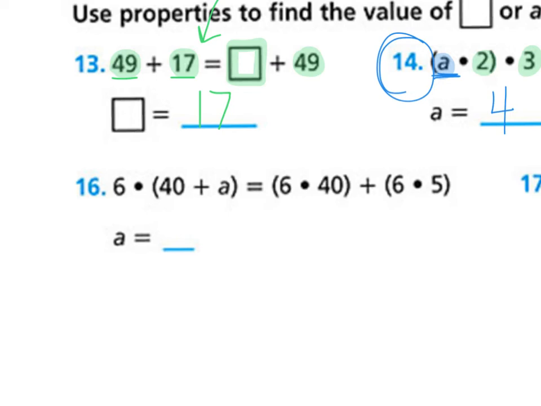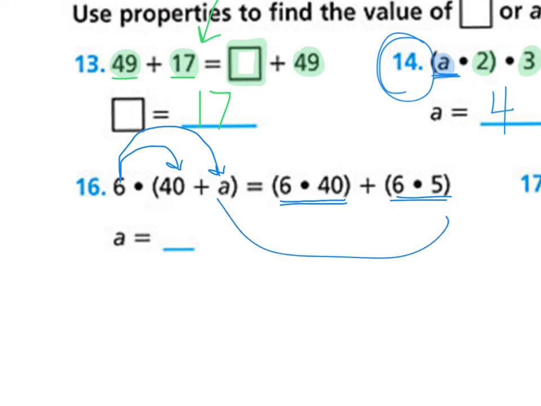It should remind you a little bit of the distributive property. If I have 6 times 40 and 6 times A, let's look and see what we're missing. 6 times 40, 6 times 5. A equals 5.